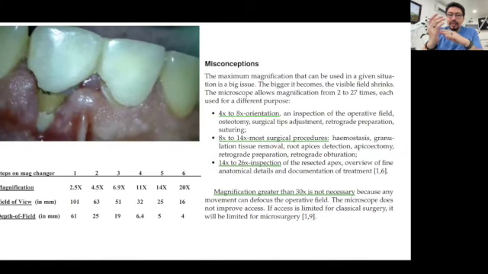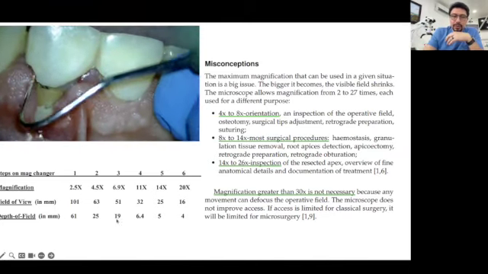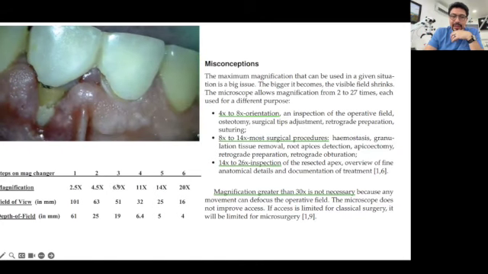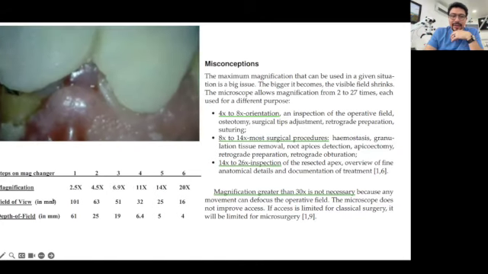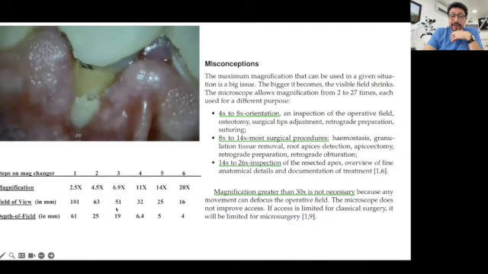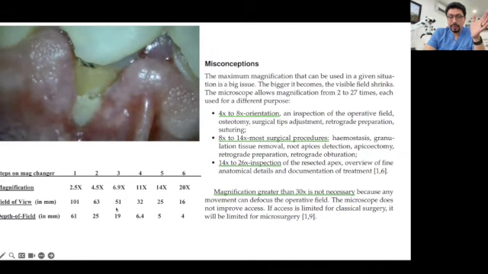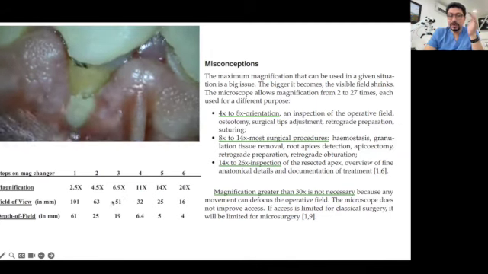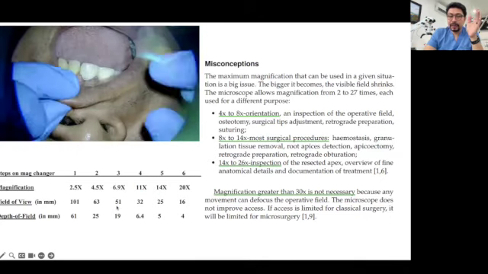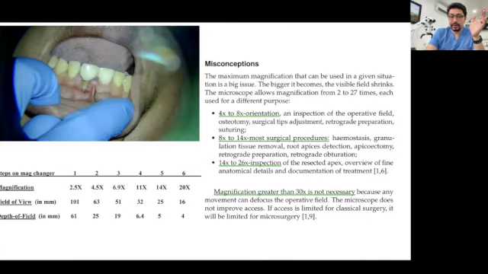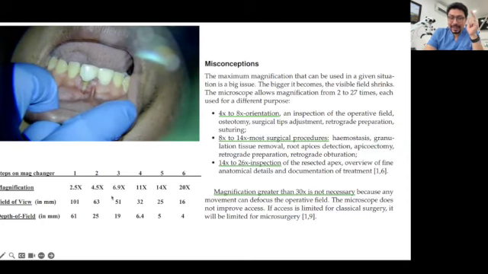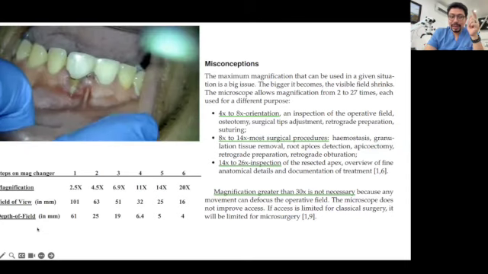But let's see what happens when you go to the third step of magnification. The field of view reduces 50%. You go from 100 millimeters to 50 millimeters on the field of view. It reduces a lot. But let's look at the depth of field.